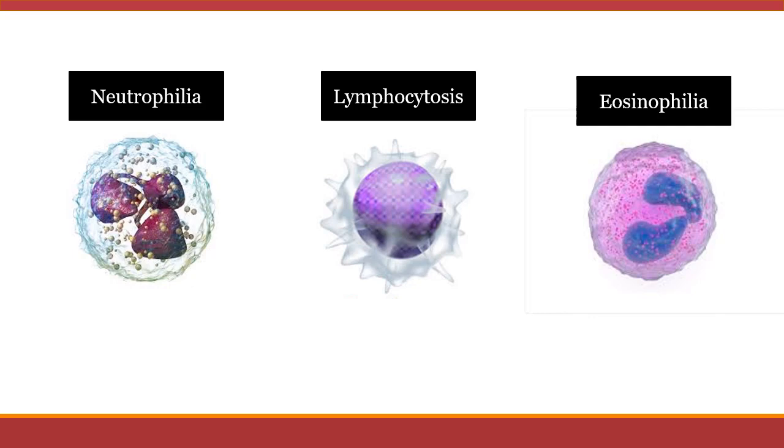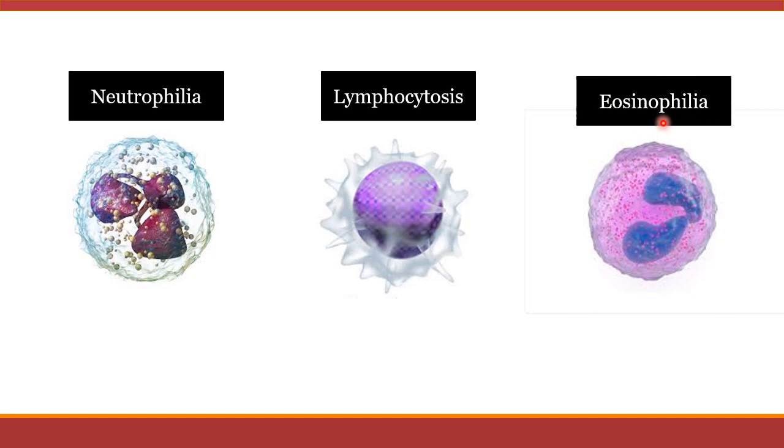Differential count means that we are going to look at the white blood cells as a whole and try to see inside the categories of the white blood cells which cells are increasing. So we can see increase of neutrophils, which is called neutrophilia. We can see sometimes increase of lymphocytes, which is called lymphocytosis. And sometimes we can see eosinophilia, which is increase of eosinophils.